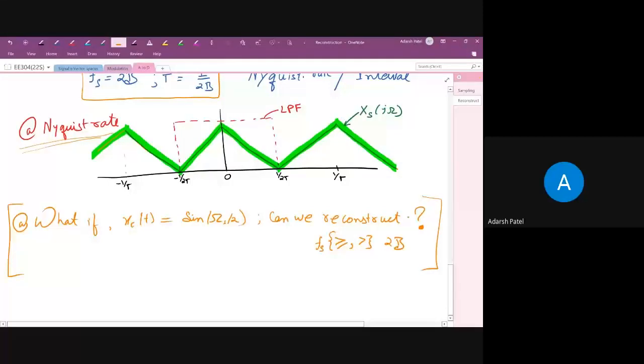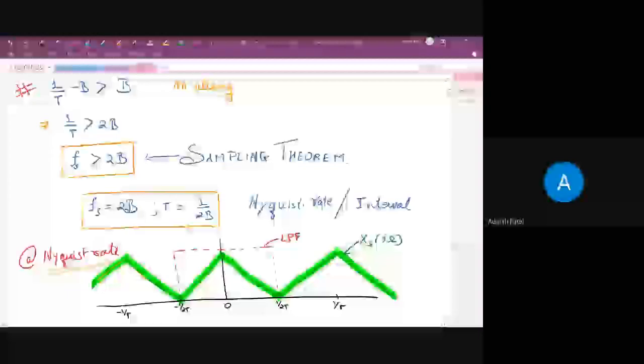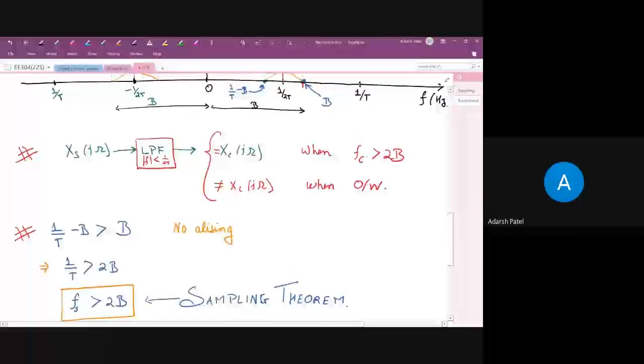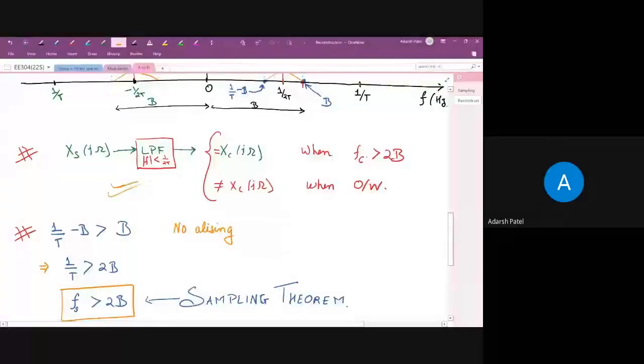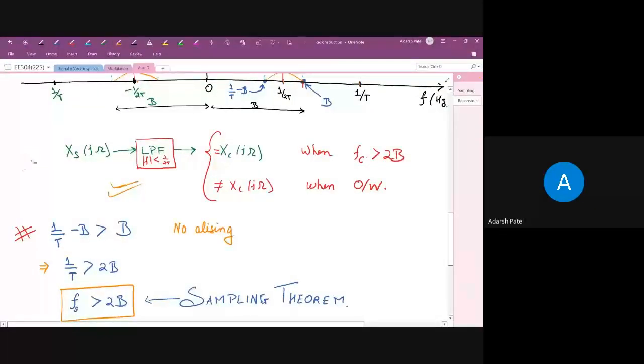Now if I see the reconstruction part in the frequency domain, we have already done it while figuring out how to eliminate aliasing. If we eliminate aliasing, then if you pass Xs(j omega) through a low pass filter, this is nothing but reconstruction.